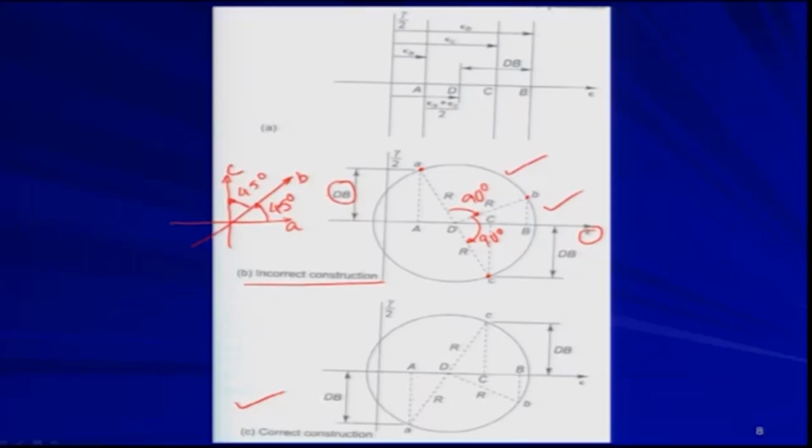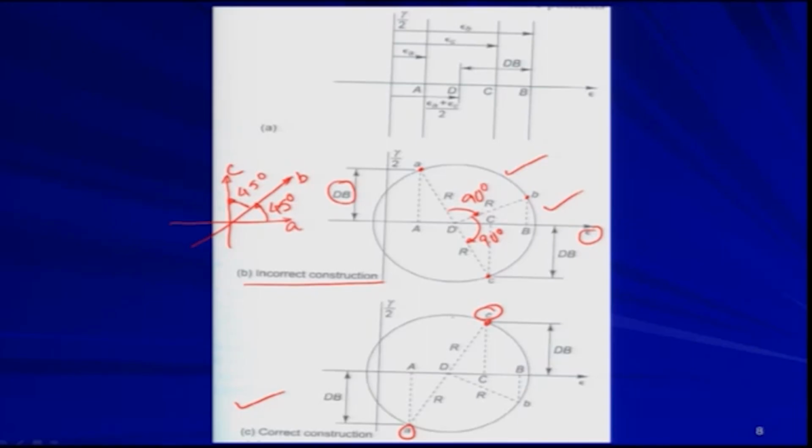So, what we are doing here is laying off AA in such a way that point A comes below the epsilon axis. Similarly, point C goes above the epsilon axis. Now, you construct the Mohr circle by following the same process we discussed in the last lecture.